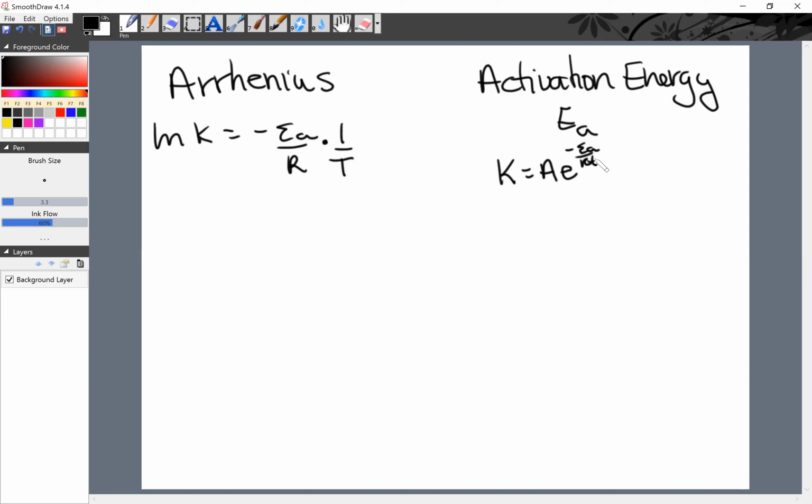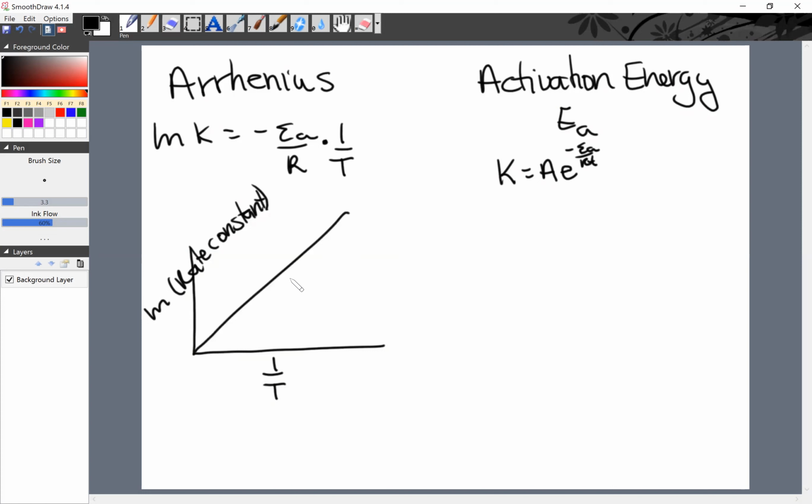Remember, that took into account all the collisions and all the orientations. This is going to be the natural log of the rate constant. This is going to be 1 over temperature. Slope equals a negative Ea over R.